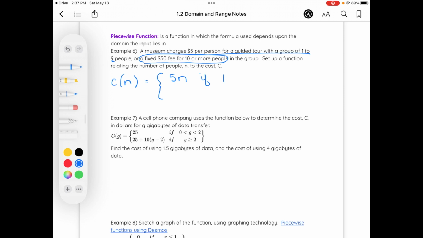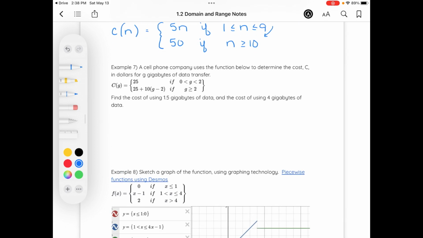So I'm going to say when my group is between 1 person included and 9 people included. However, it will be $50 if we have in our group the number of people greater than or equal to 10. Because again, we can't have half people. It's okay to jump from 9 to 10 because you can't have 9.5 people in a group. So we just wrote the function relating all those pieces together.